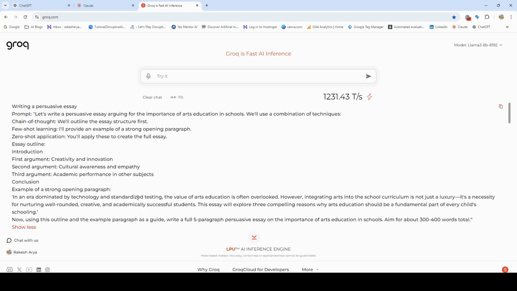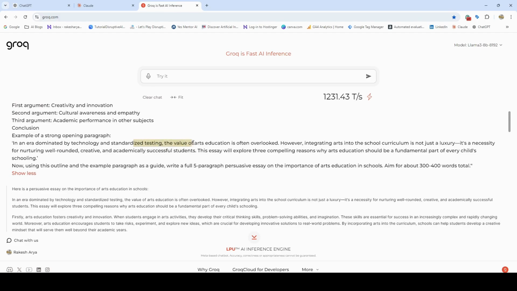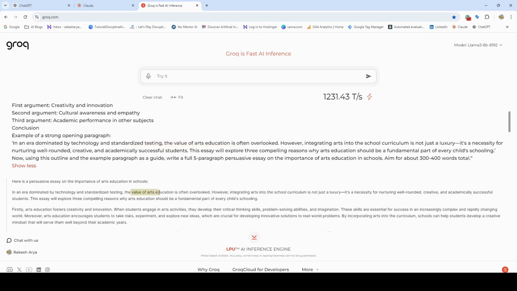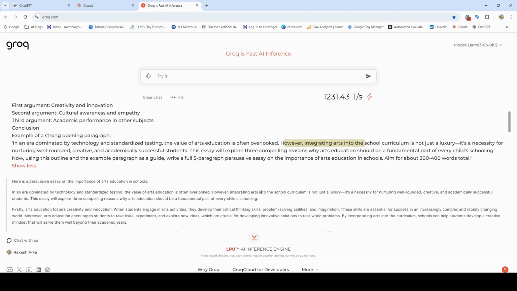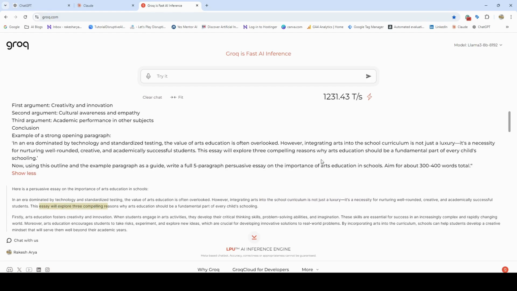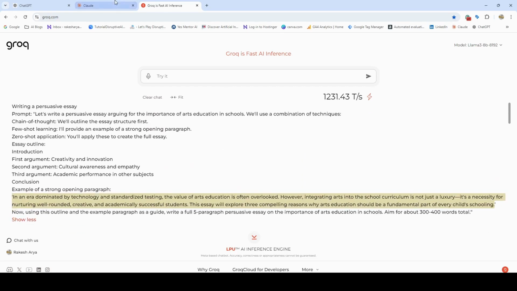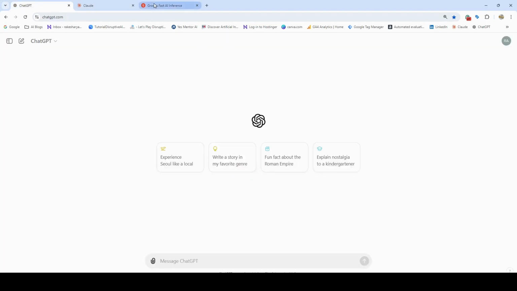Let me see that. Standardized testing and value of art education often overlooked, however integrating. Okay, school curriculum. Okay, right. Okay, this essay will explore. Okay, so yes, it is using absolutely the same thing. We can try this prompt in ChatGPT or Claude as well, to see how it gives the answer.